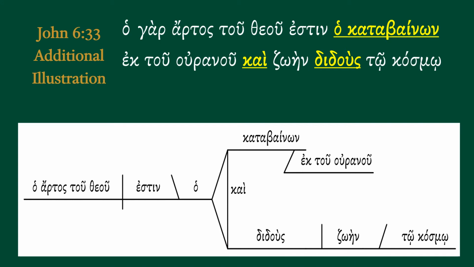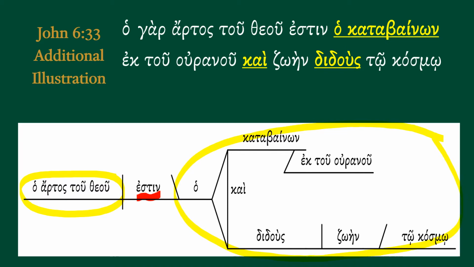This is all new to you, so for the purpose of learning, I want us to look at the same sentence illustrated differently. We have our main verb estin, its subject ho artos tou theou, and the predicate nominative. The predicate nominative, as you can see, consists of the entire TSKS construction.